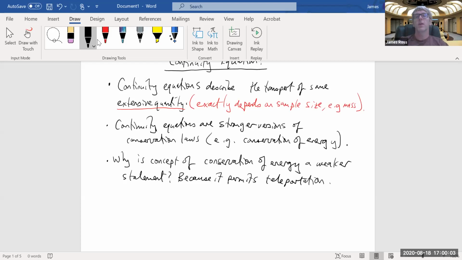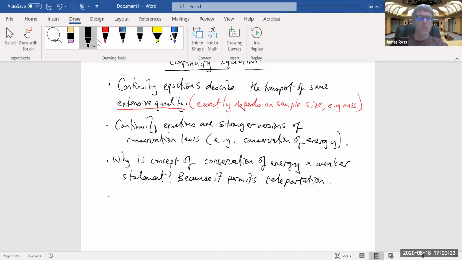The continuity equation builds in, or it prevents, any teleportation occurrences because it looks at local conservation, which if anything were teleporting to the Andromeda galaxy, that wouldn't be local, right? That would be distant.